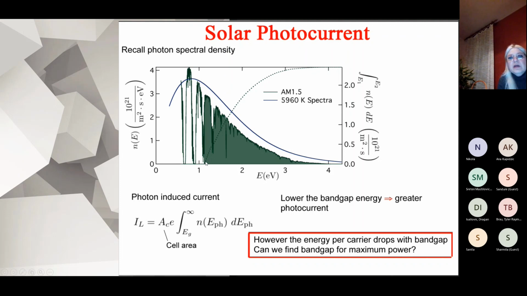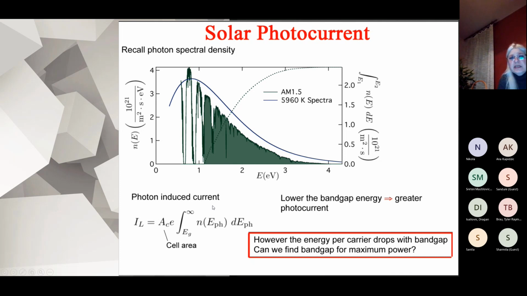By integration you get this dotted line here, which gives you the number of photons with energy higher than the band gap of silicon, which you can use in charge generation in the solar cell.